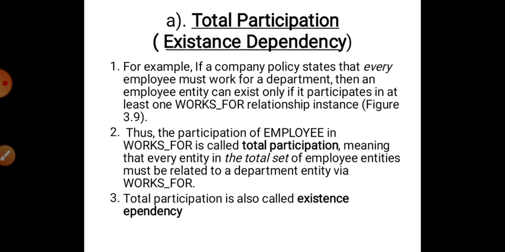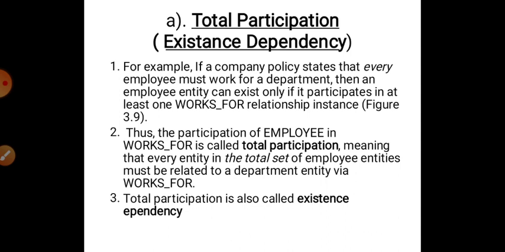Total participation means existence dependency, which is the other name for total participation. We'll take one example and understand this. For example, if a company policy states that every employee must work for a department, then an employee entity can exist only if it participates in at least one works for relationship instance in figure 3.9.